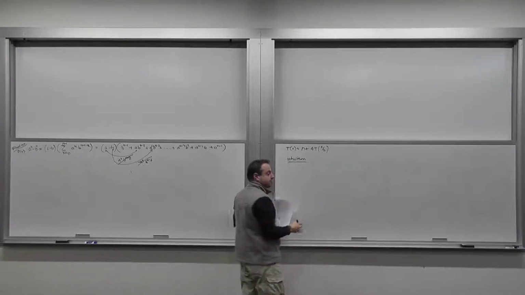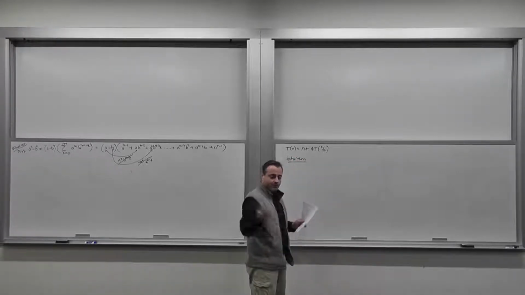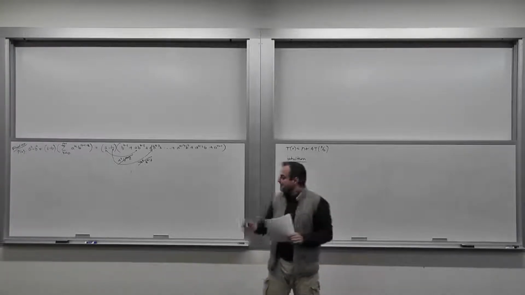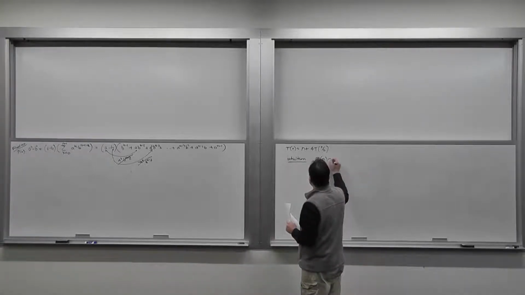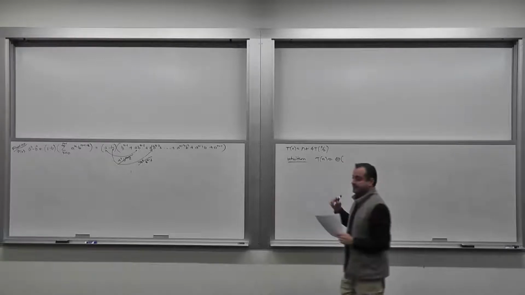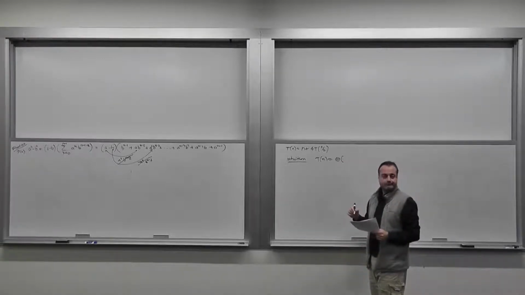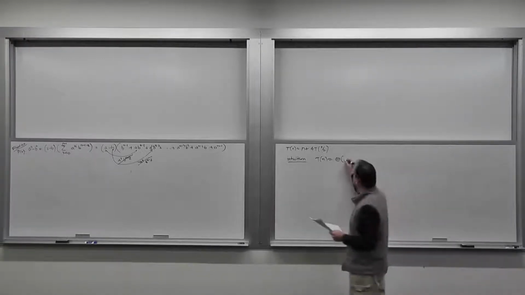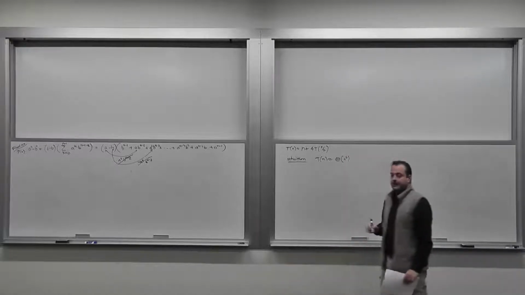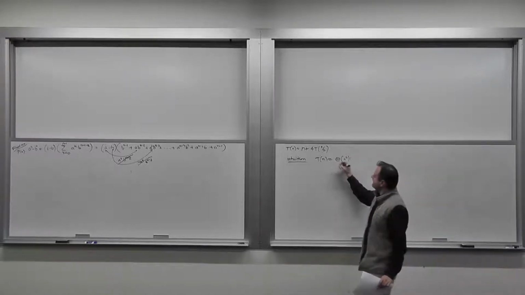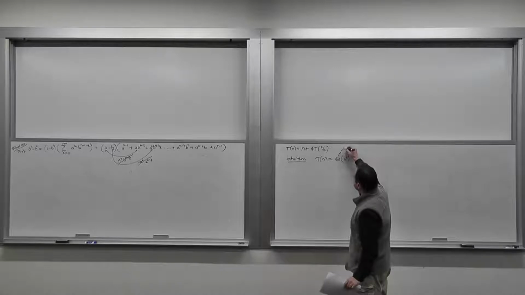What was our intuition? You guys remember? Or can you look at the notes? We said that T of n is supposed to be kind of like what? N squared. So what this theta means, this is order of growth.